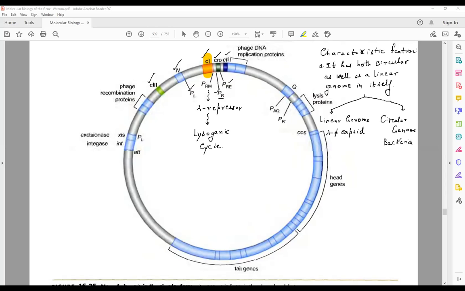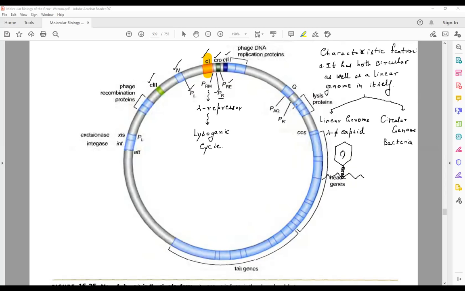In the case of bacteria, the lambda phage undergoes circularization. Outside the bacteria, it remains within the capsid as a linear DNA. Because the size of the capsid is limited, it will remain in the form of a linear dsDNA molecule.